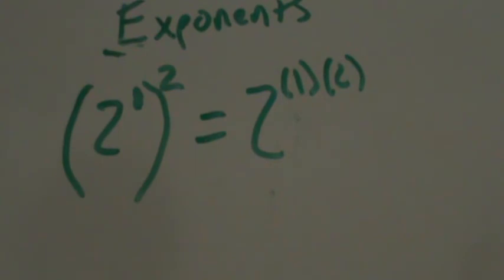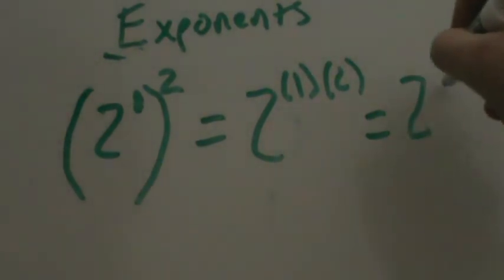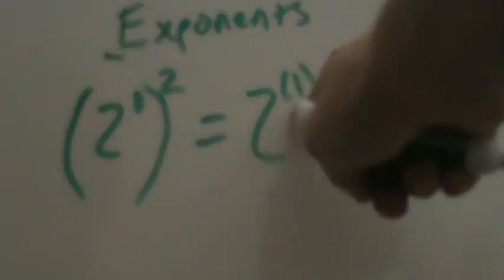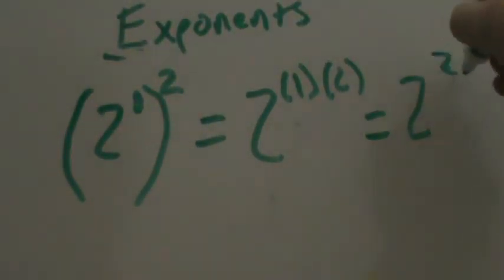Now, how do we know that this is true? Well, 2 to the first is 2, and then we know 2 to the 2. You just multiply these, 1 times 2, so this would be 2 to the 2, and we know 2 to the 2 is equal to 4. Now let's prove this.